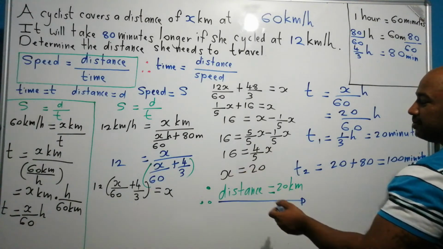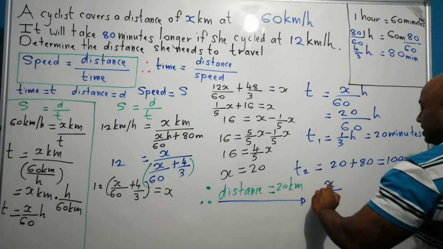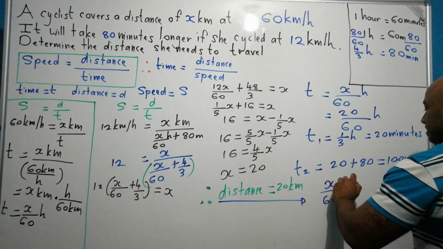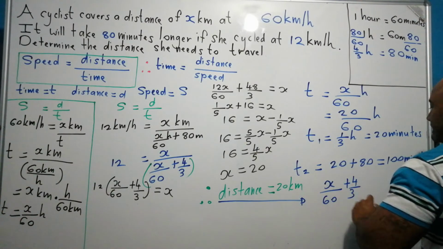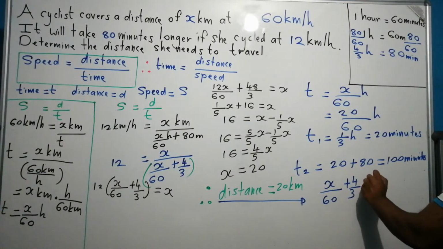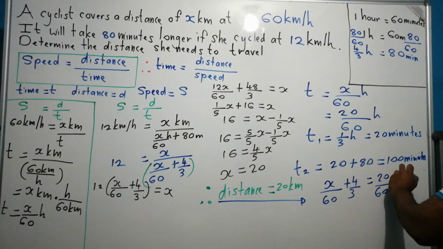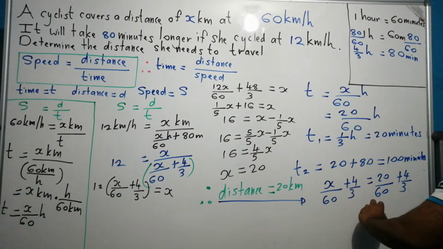So x over 60 plus 4 over 3. What was x over 60? That was 20 over 60 plus 4 over 3.